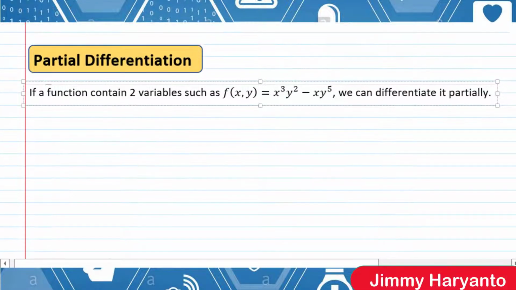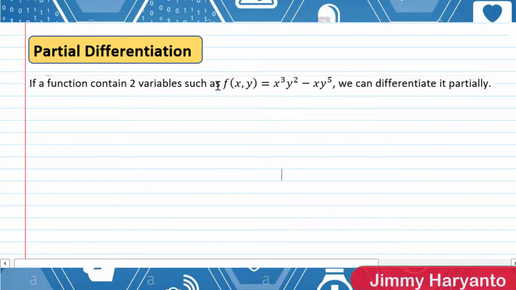Okay, next is partial differentiation. If a function contains two variables such as f(x,y) equals to x cubed y squared minus xy^5, we can differentiate it partially. So what is the difference between this one and the implicit function? This one we have z equals to, or maybe f(x,y) equal to, yeah, we have z or f(x,y).